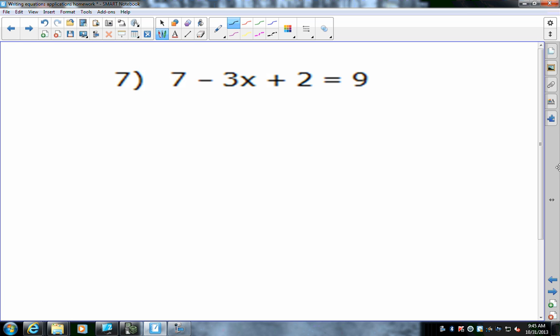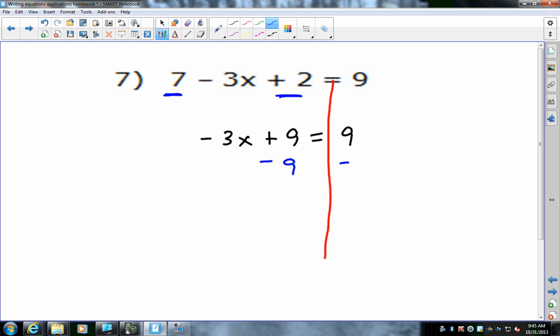All right, number 7. There's my equal to bar. I'm going to look on the left. I have 7 plus 2. So I have negative 3x. I got to leave that alone. Plus 9 equals 9. Now I'm going to subtract 9 from each side.